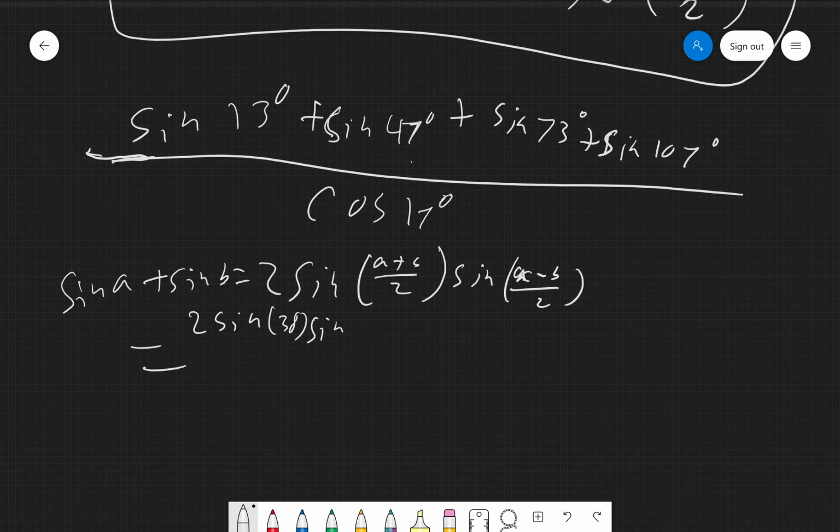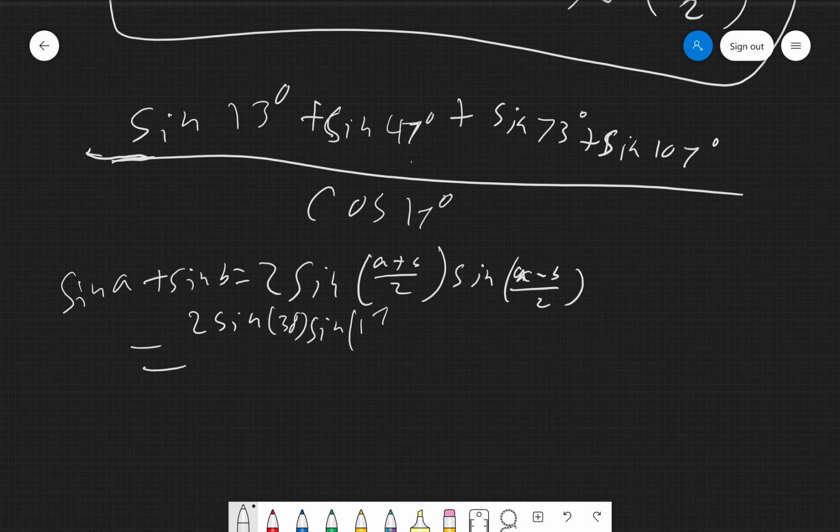Times the sine of A minus B. 13 minus 47, I'd rather not. So I'm gonna switch them and write sine of 47 plus sine of 13 degrees, which is the same thing. So that's 47 minus 13. What's 47 minus 13, guys? That's 34. 34 over 2 is 17.